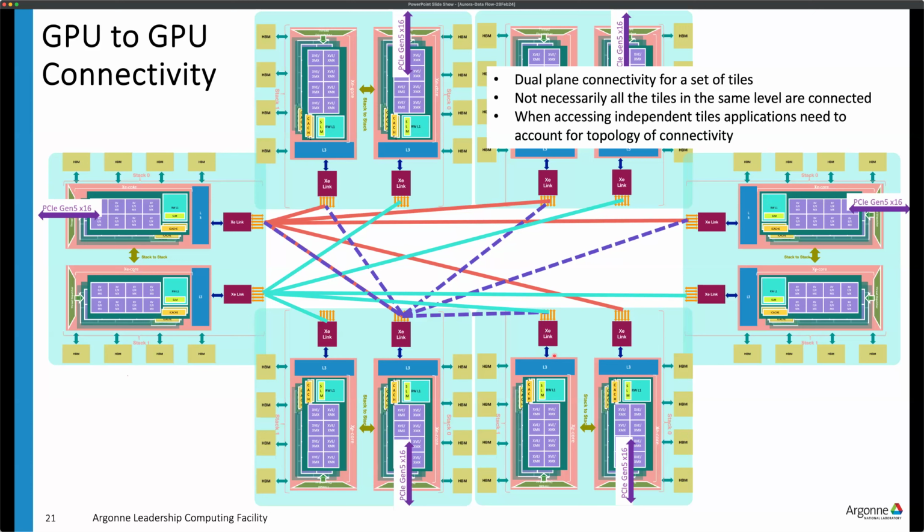But due to the physical organization of the system itself, it's not necessarily that all tile zeros of the GPU or all tile ones of the GPU are connected, right? You will still get 6 same GPUs connected in a single plane, but there are some topological differences and placements that allow you to have this difference.